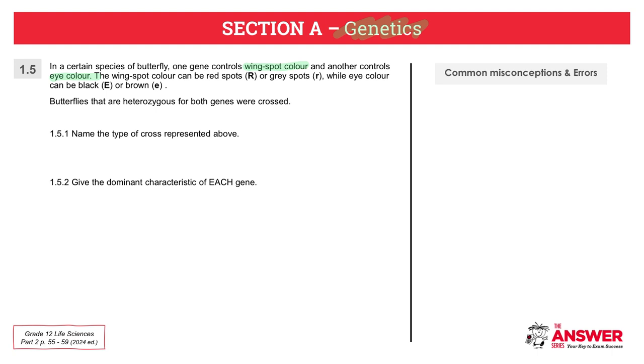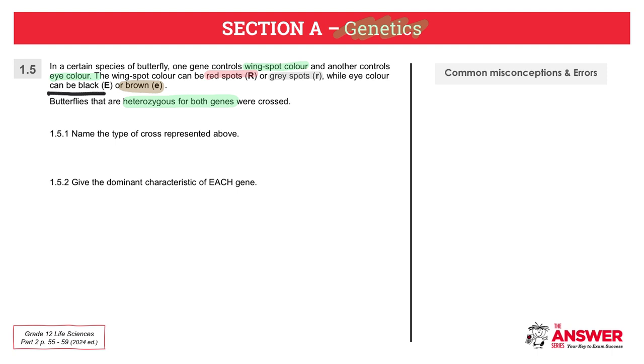The wing spot color can be red or gray, and we can see from the annotation provided that red spots are the dominant trait, gray spots is the recessive trait, while eye color can be black or brown. Black, with a capital E, designates the dominant trait, and brown, with the small letter e, designates the recessive trait. Butterflies that are heterozygous for both genes were crossed.